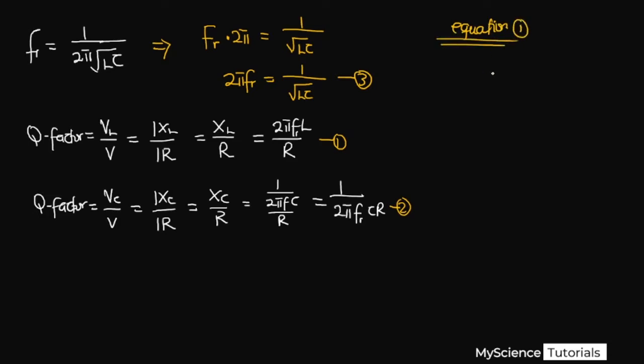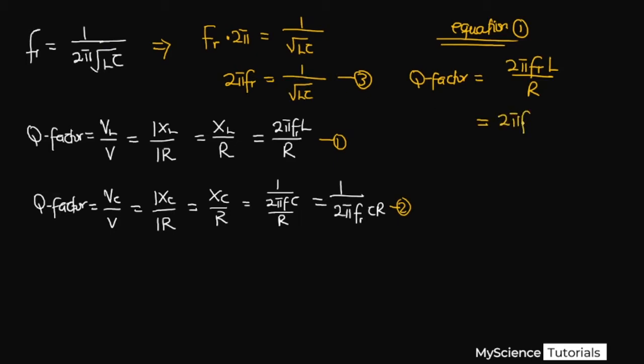Let's do some substitution. We say that Q factor is equal to 2 pi FR L over R. We also established from equation 3, the resonant frequency, that the 2 pi F here can be replaced by 1 over the root of LC. So let me rewrite that.